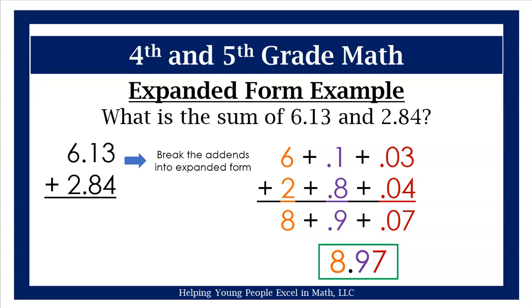We have 0.03 plus 0.04 is equal to 0.07. Moving to the tenths place, we have 0.1 plus 0.8, and that is equal to 0.9. Moving to the ones place, we have 6 plus 2 is equal to 8. So yes, our answer again is 8.97, or 8 and 97 hundredths.